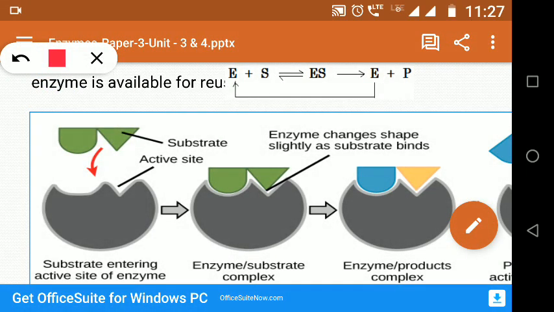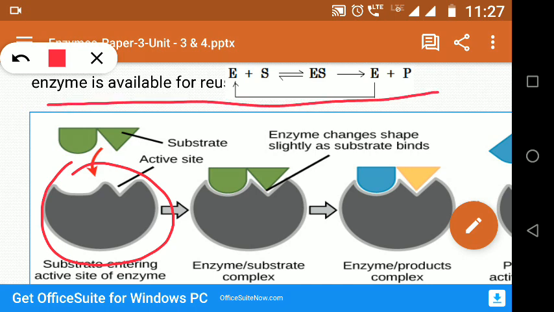In this diagram, this is the enzyme. The enzyme is made up of a sequence of amino acids. Suppose this is a sequence of amino acids. We have one amino acid here, 2, 3, 4, 5, 6, 7, like that.